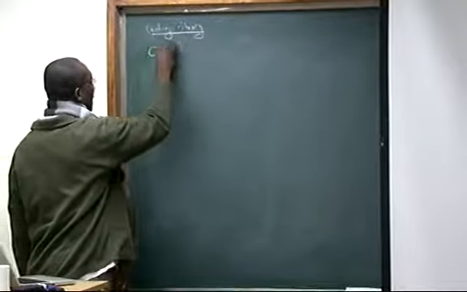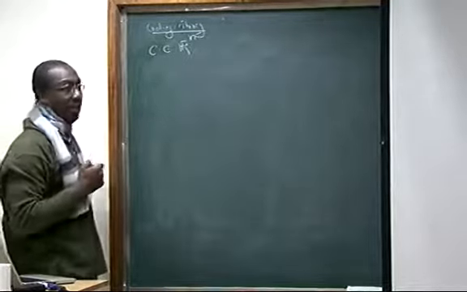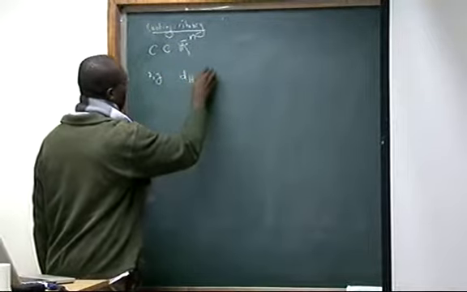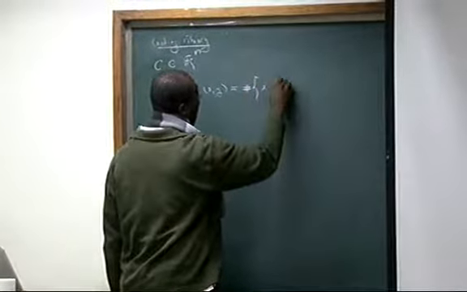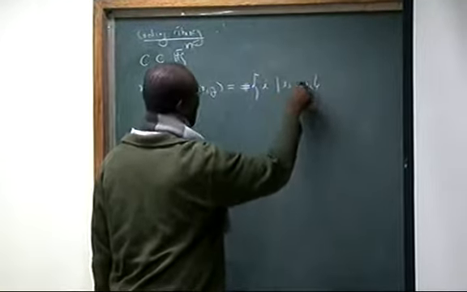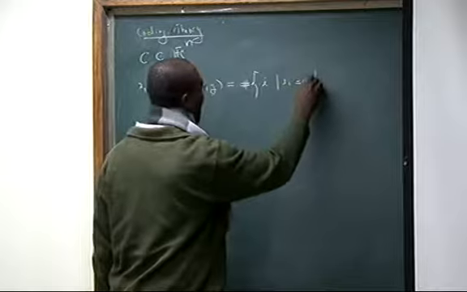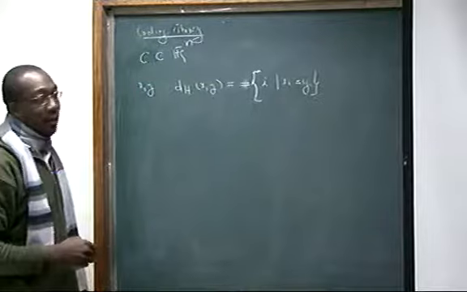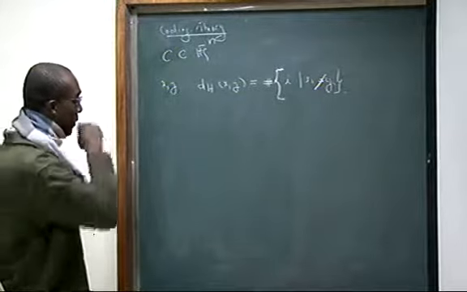In coding theory, first, if you take something like this in a vector space, we define what we call the Hamming distance of two elements x, y. The Hamming distance is the number of components where x_i is different from y_i.